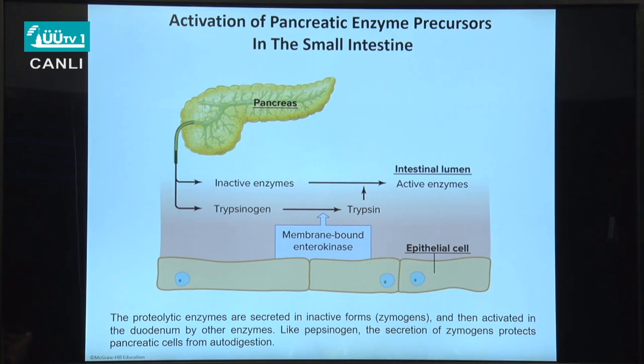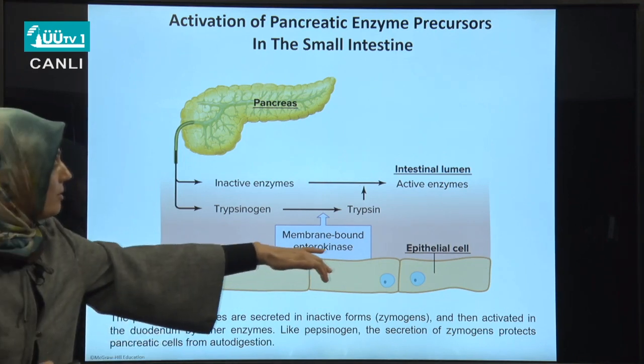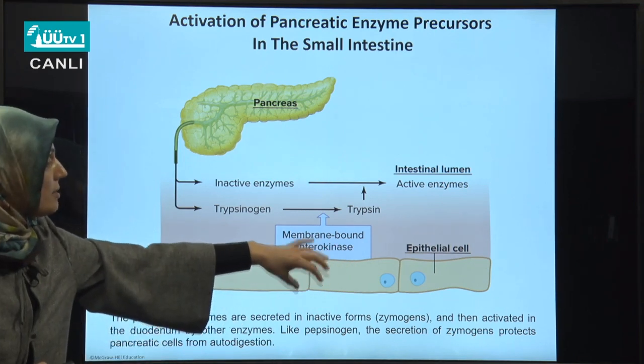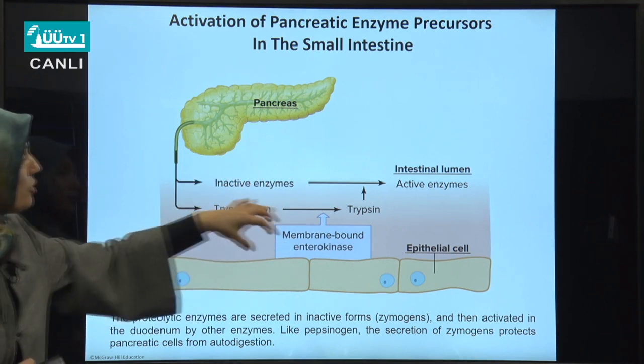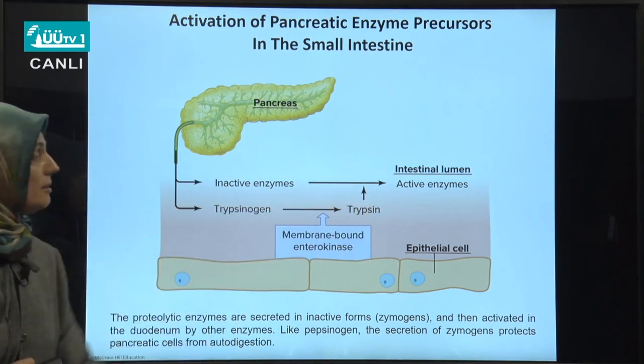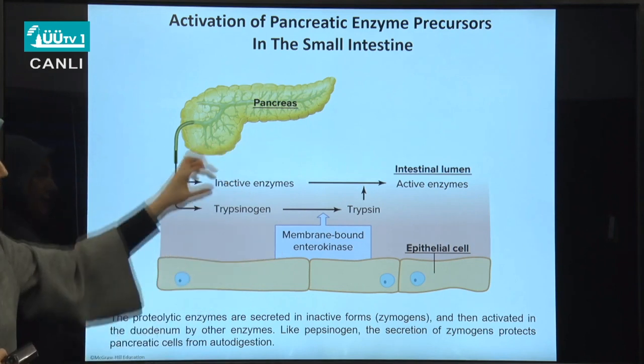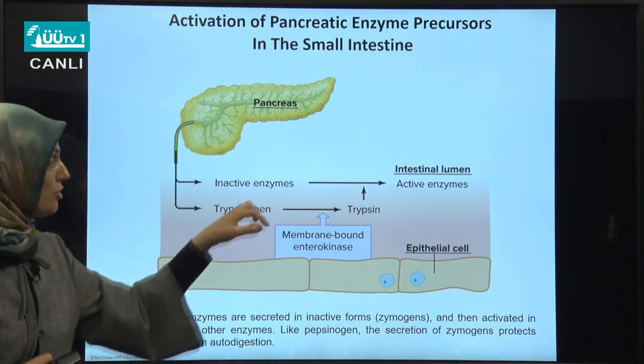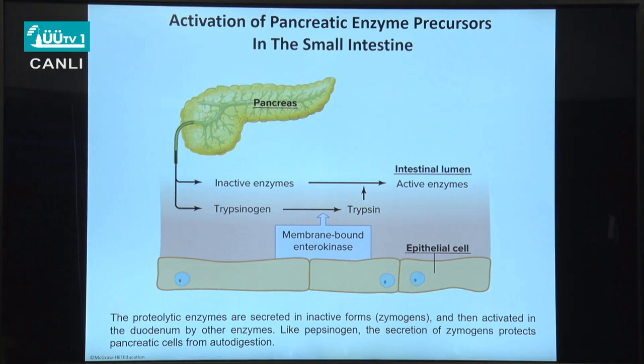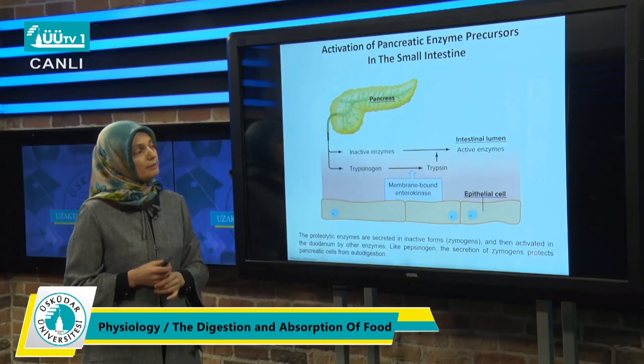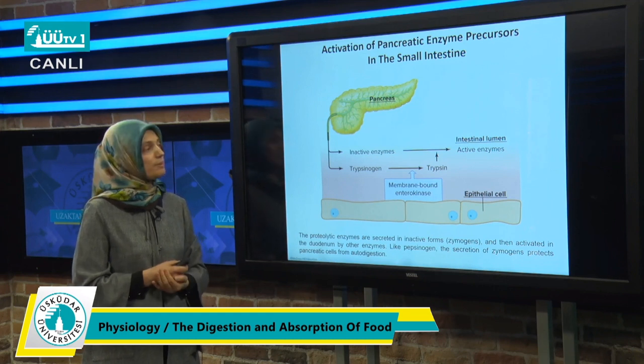These brush border enzymes are called enterokinase enzymes. They activate the trypsinogen into trypsin, and trypsin activates other inactive enzymes, including more trypsinogen and also other inactive enzymes like chymotrypsin and also carboxypeptidase enzymes.